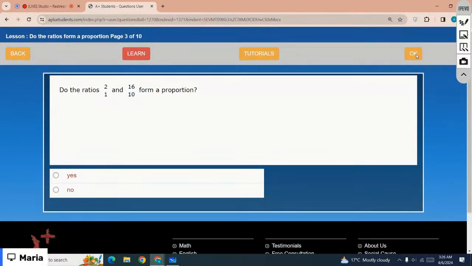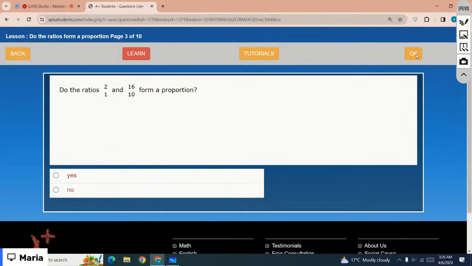Just check and write the answer in the chat box. No, they do not form a proportion.